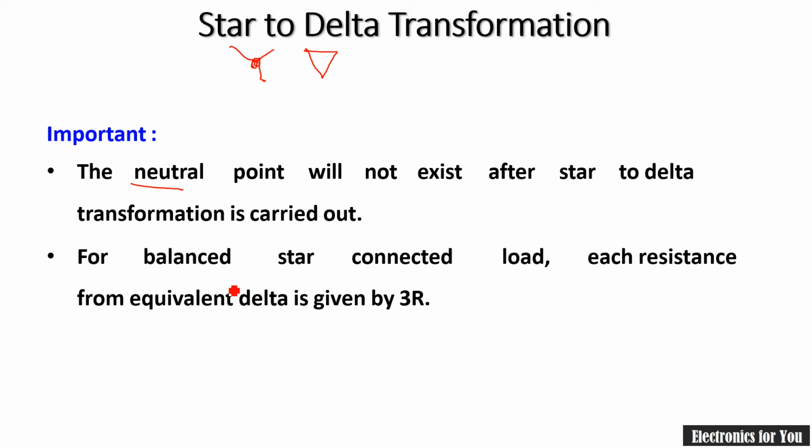And the second point to be remembered is about the balanced star connected load. If a balanced star connected load is there, the equivalent delta is given by 3R. For example, we are having a star connection just like this, and we are converting it into a delta network, and if the star connection has a resistance of 3 ohm each, then in the delta connection we have each resistance as 3R, that is 9 ohm.